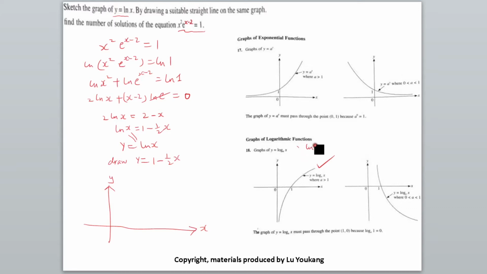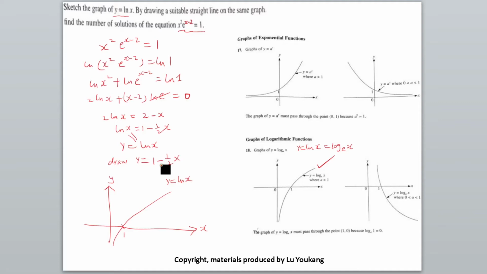Because over here you can see graph y equals to log ax looks something like the graph 18 here, and y equals to ln x is also log ex. Therefore, let me draw ln x first. And this is my y equals to ln x.